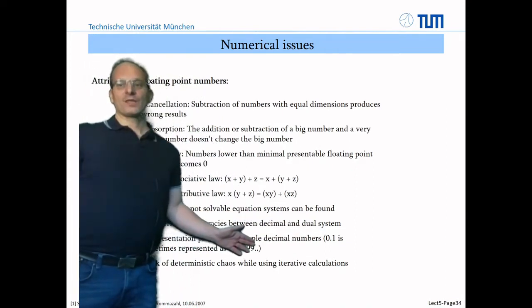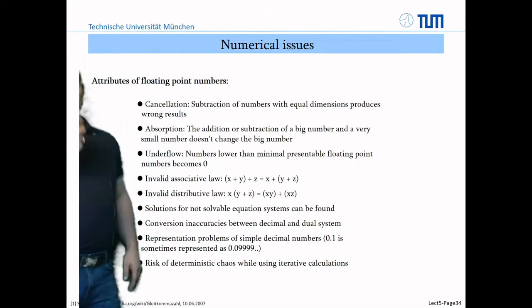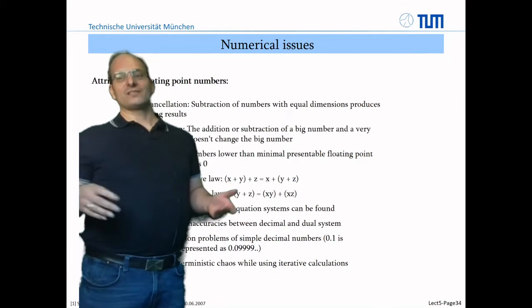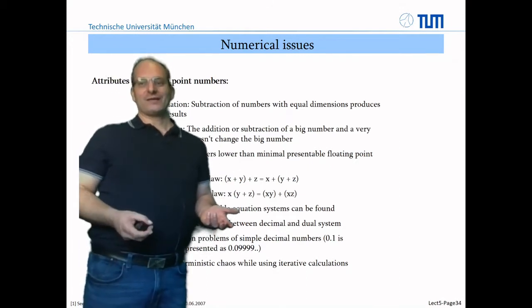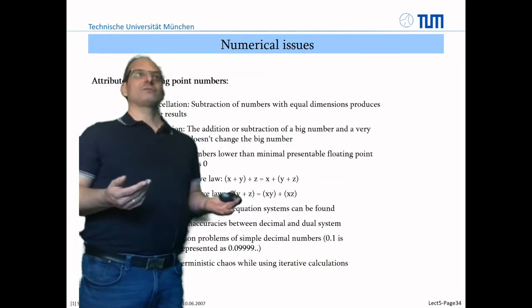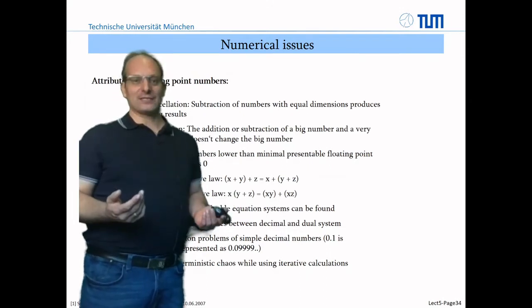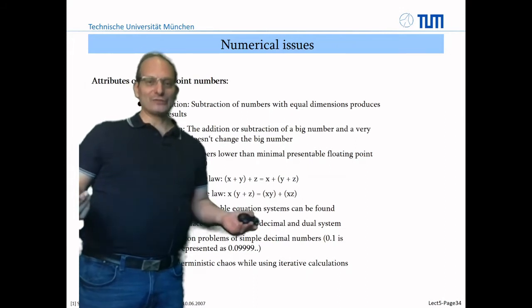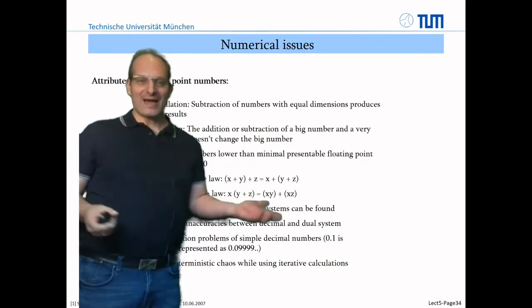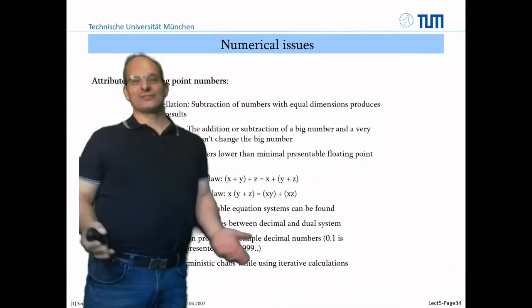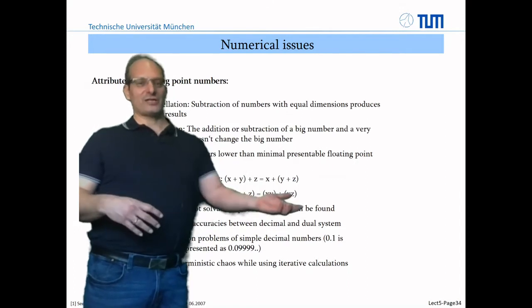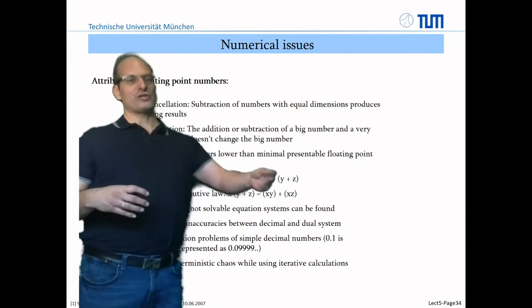Okay? And I want to show you the problem with the so-called deterministic chaos, which comes out of iterative calculation. Chaos, you all know chaos, not only in your house, but also in math. A chaotic system is: you have a starting point, and after some iterations you reach an endpoint which you cannot calculate.